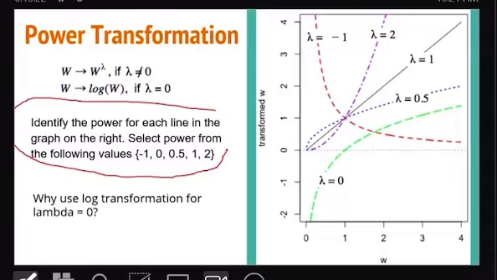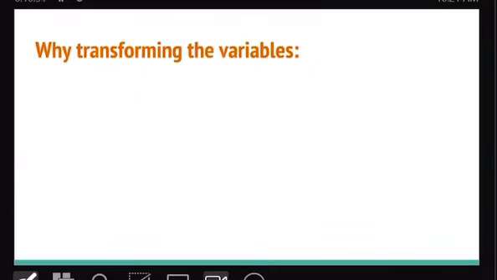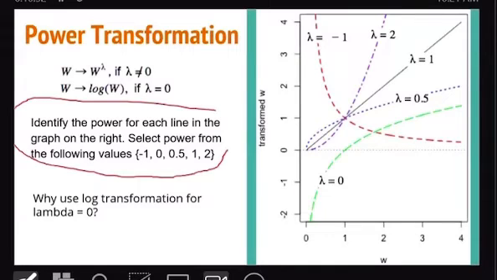Now, another question asks, why use log transformation for lambda equals 0? I'm going to tell you. Because when lambda equals 0, W raised to power 0 is what? 1, right?